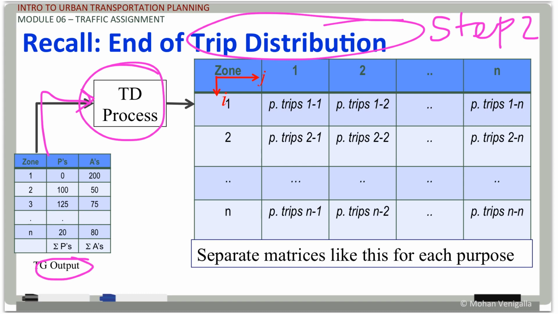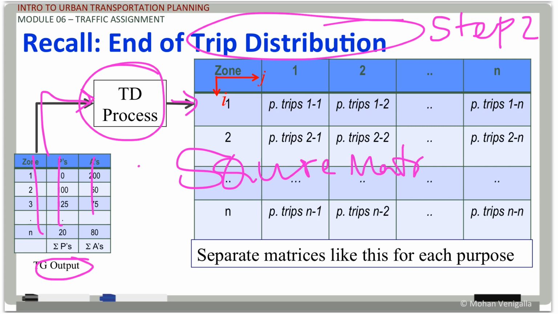And then your matrix is actually not a square matrix. This is 3 columns in this matrix, the input matrix to the trip distribution process. When you put it through the trip distribution process, you have a square matrix, meaning from n zones to n zones.